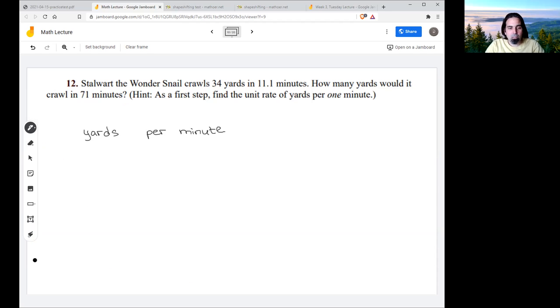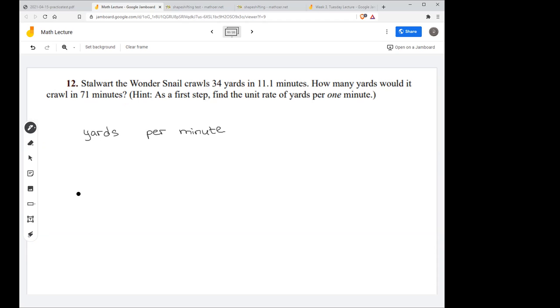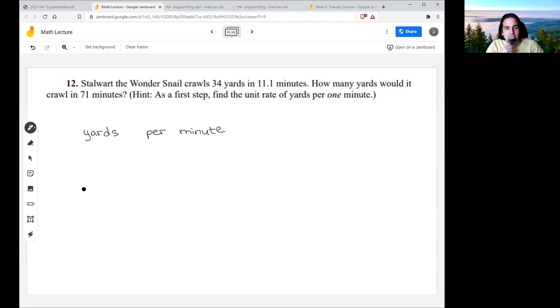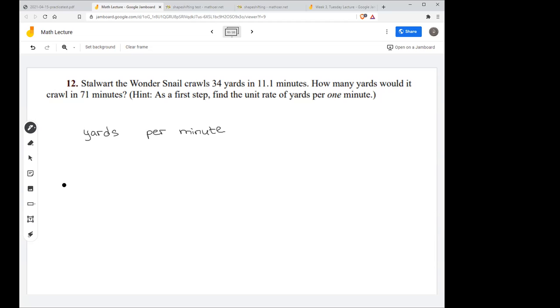This one, I'm guessing, has a few people stumped, and maybe we should just see who wants to do it, or do you want some time to struggle with it if you're stumped? I can do it. Okay, tell me what to do, Sequoia. So I did 34 divided by 11.